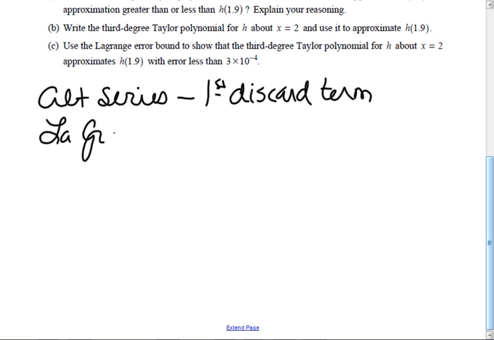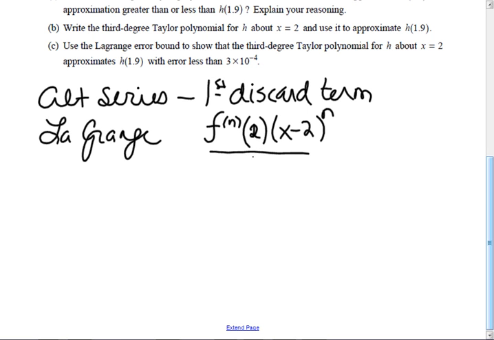But the first discarded term is going to be a Taylor polynomial element. So this is the end of your Taylor polynomial. We're doing this at 2, sorry, and it's x minus 2 to the nth over n factorial. So that's where you end.